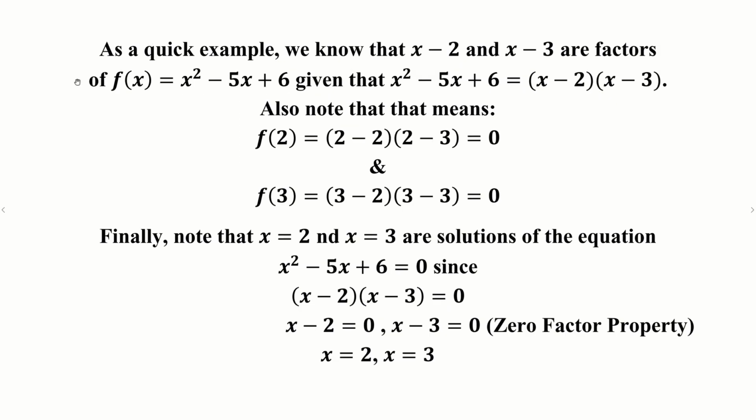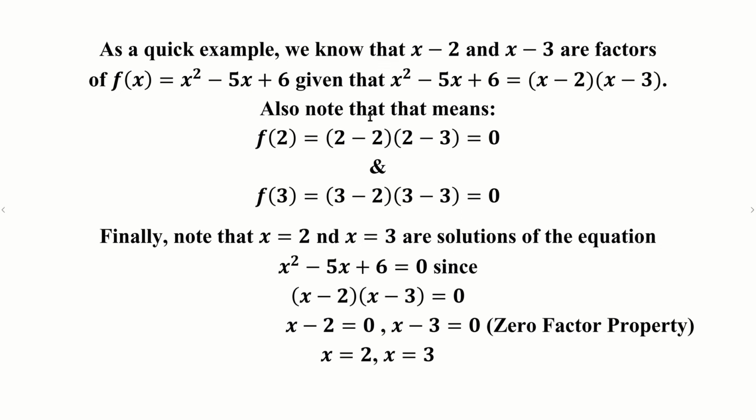Now, let's bring this to life with a really simple example. We know that x minus 2 and x minus 3 are factors of the polynomial f of x equals x squared minus 5x plus 6, given that we can factor x squared minus 5x plus 6 as quantity x minus 2 times quantity x minus 3.